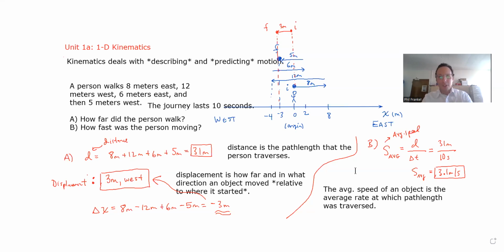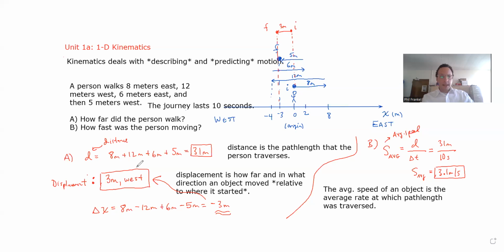So on average, the object had to traverse 3.1 meters of distance per second. And therefore, the average speed of the object is 3.1 meters per second. Maybe at a certain moment, the object's speed was much bigger than that, or maybe at a different moment, much less than that. But on average, it must be true that the object traversed 3.1 meters of path length per second.